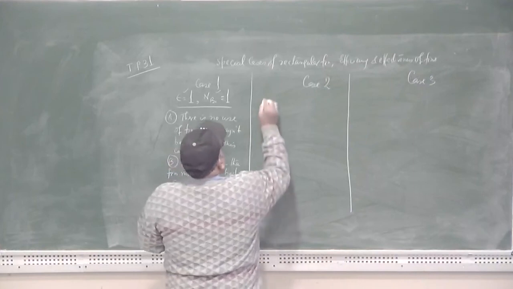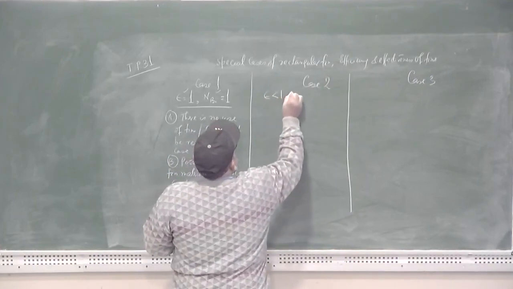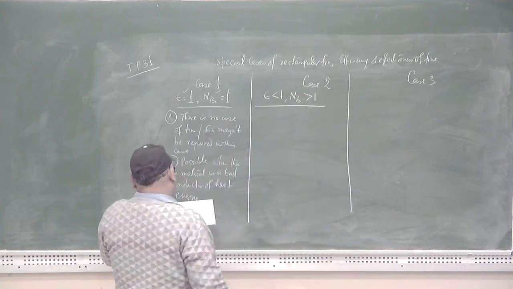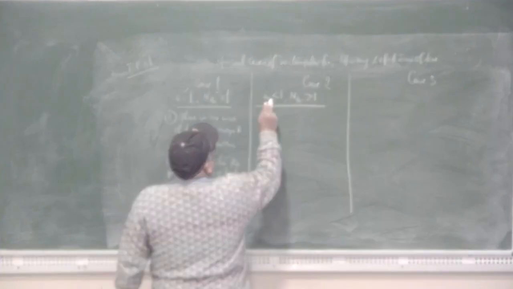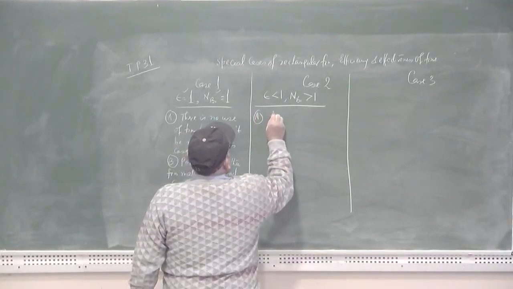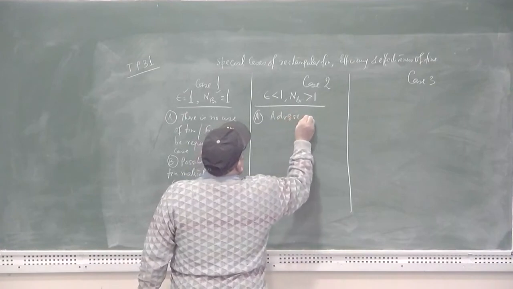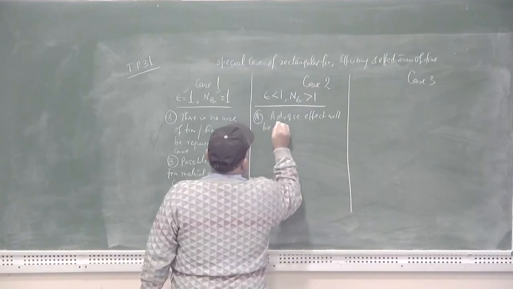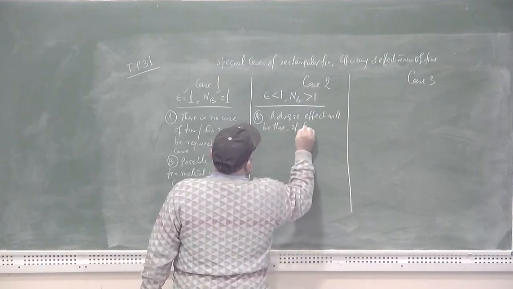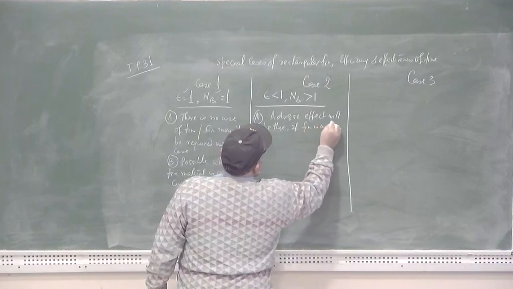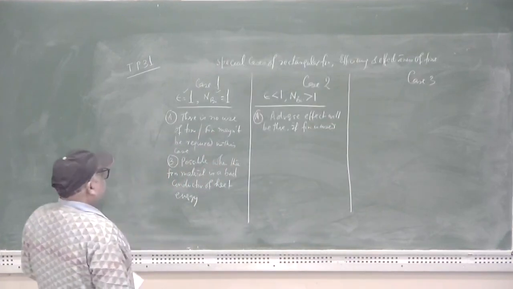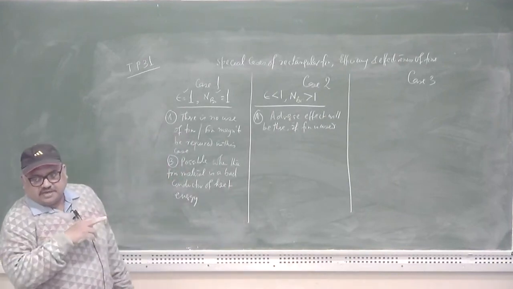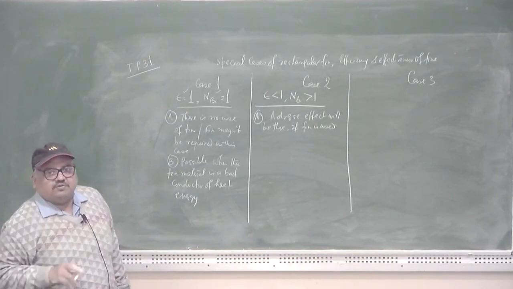Case number 2 is epsilon less than 1 and Biot number greater than 1. When this condition prevails, an adverse effect will be there if fin is used. That means an adverse effect on the heat flow will be there if, in these circumstances, you are utilizing a fin.